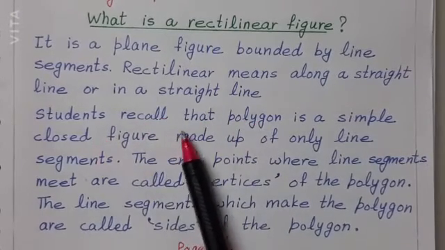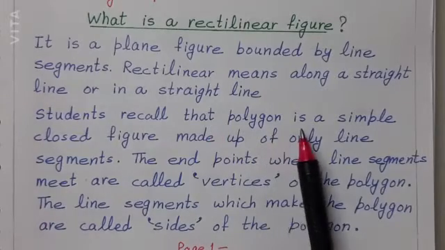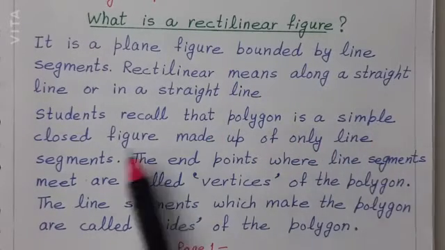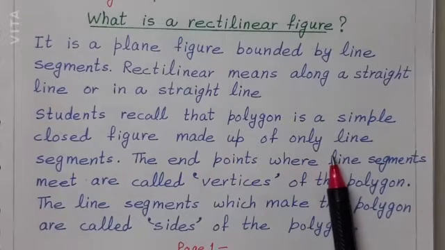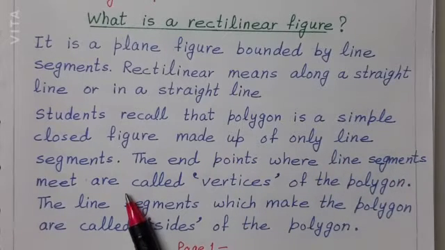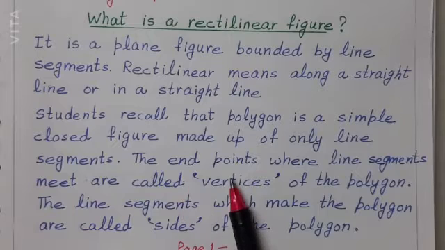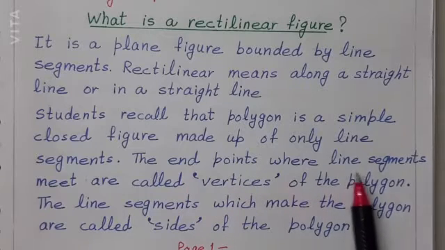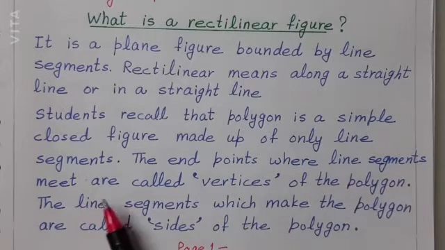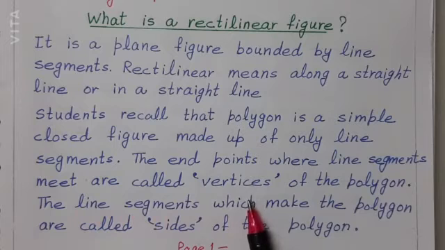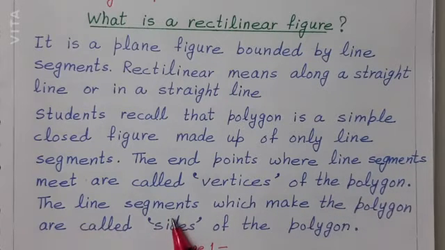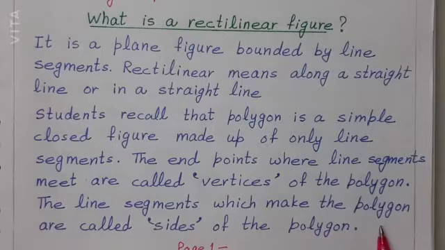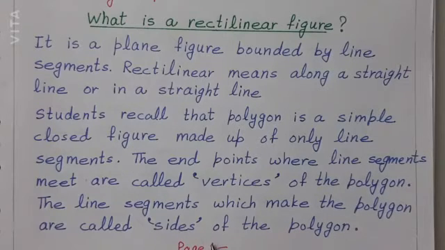Students, recall that a polygon is a simple closed figure made up of only line segments. The end points where line segments meet are called vertices of the polygon. The line segments which make the polygon are called sides of a polygon. Clear?